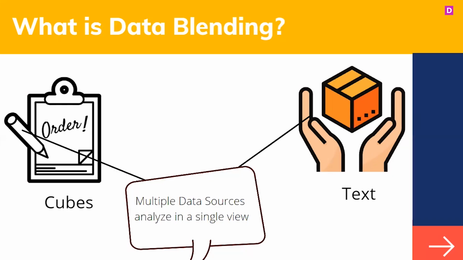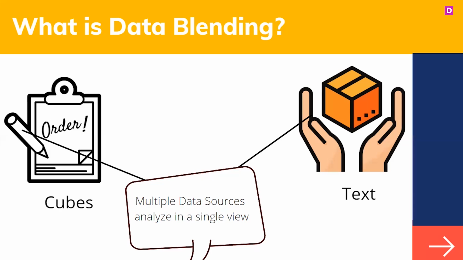Okay. So now what I wanted to do is that we have related data in two different sources. The related data here is, of course, the product ID. It is there, but in two different sources, and you want all of them together in a single view for analysis.